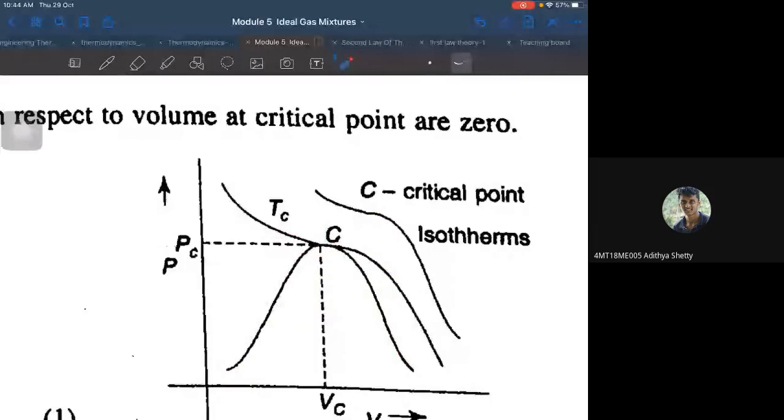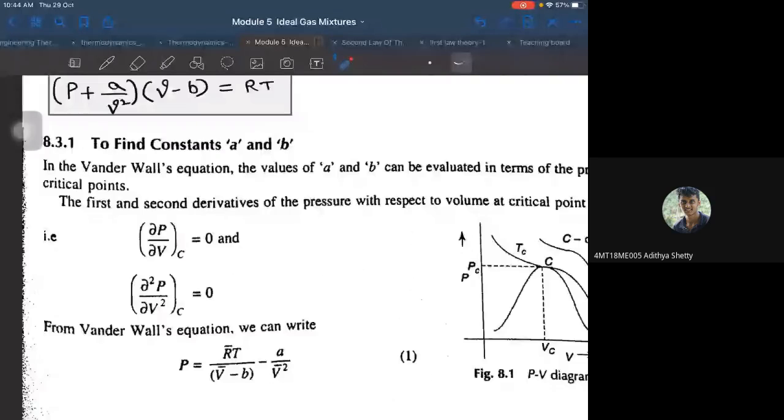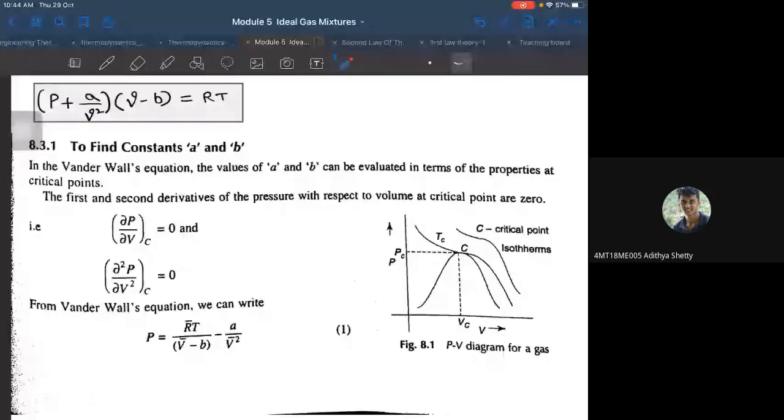At this critical point, the first and second derivatives with respect to V will be 0. That means ∂P/∂V at the critical point is equal to 0. This is the first condition. The second derivative will also be 0.